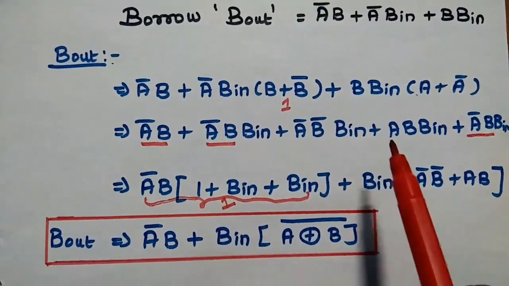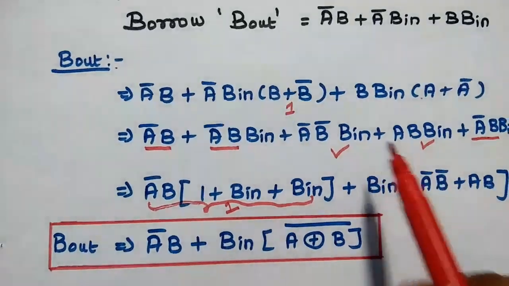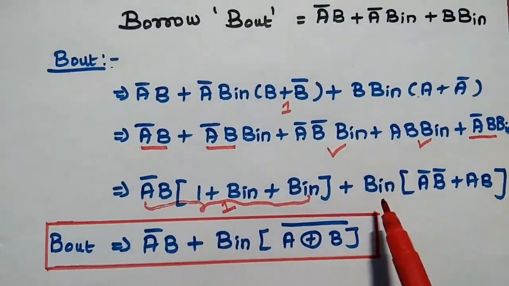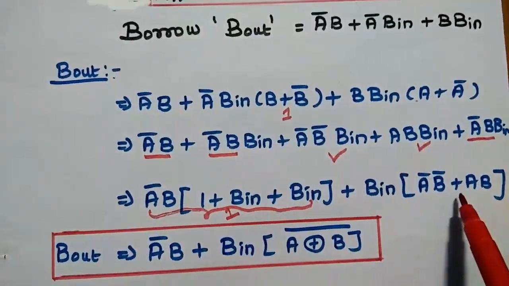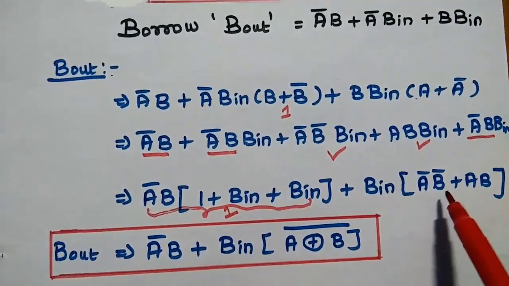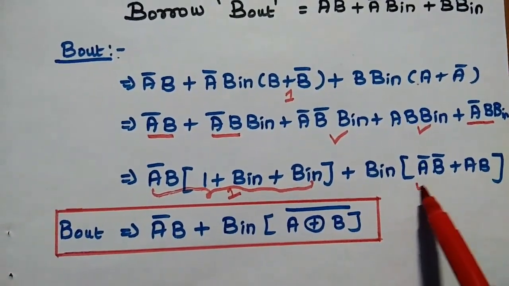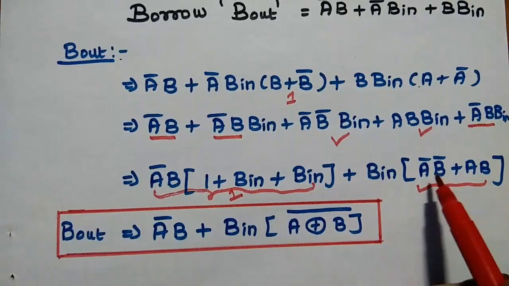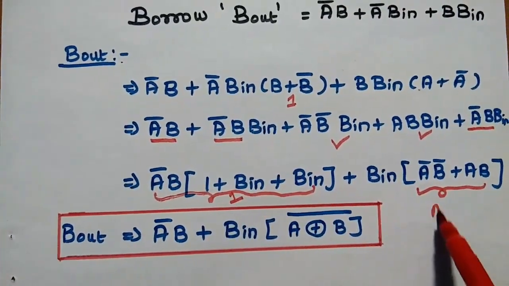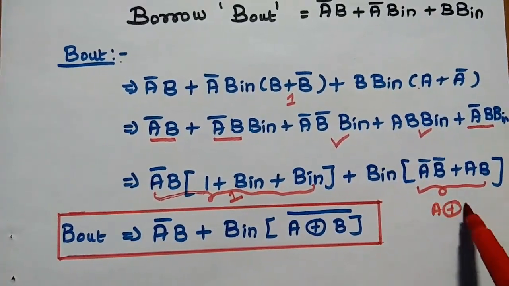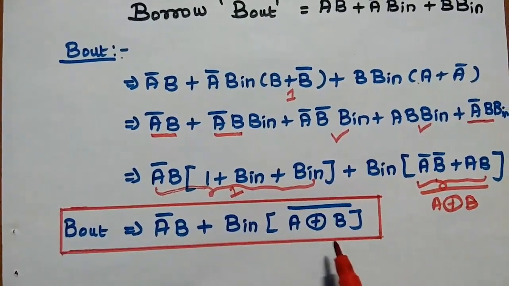Likewise, in the next term, in these two bits the B in is common, so we can take it outside. So B in of A bar B bar plus AB. We take this B in as such and the remaining terms A bar B bar plus AB. This is nothing but the complement of XOR of A and B. Okay, so this expression can be written like this.